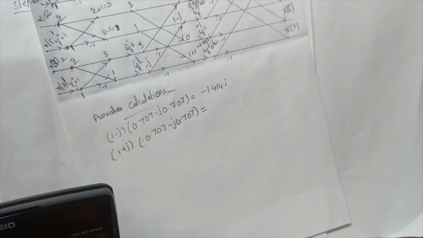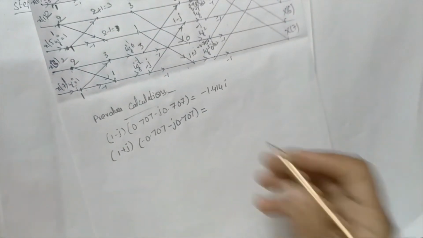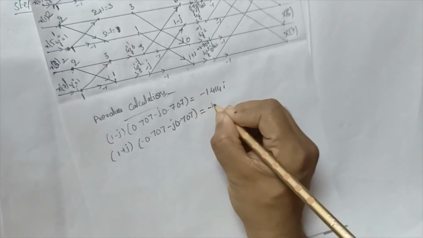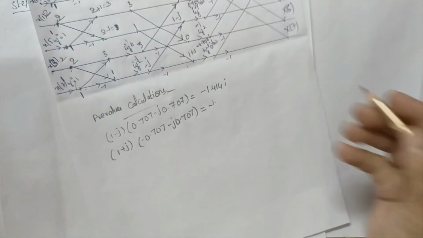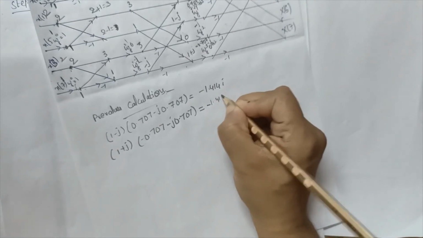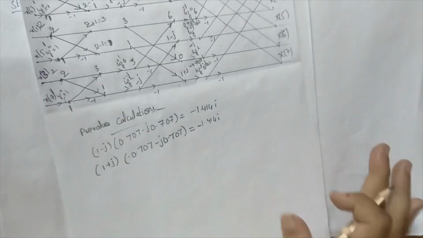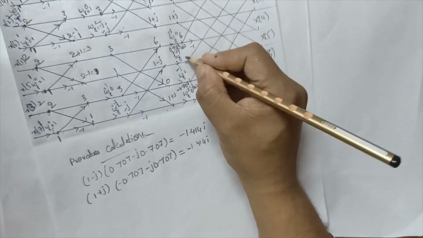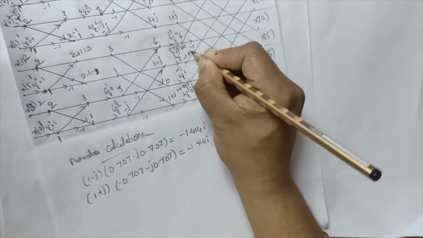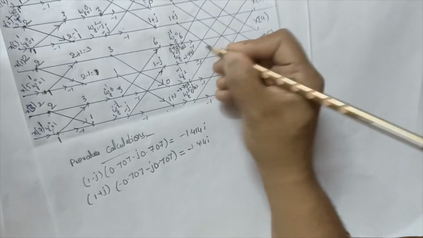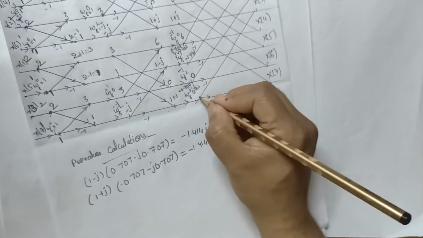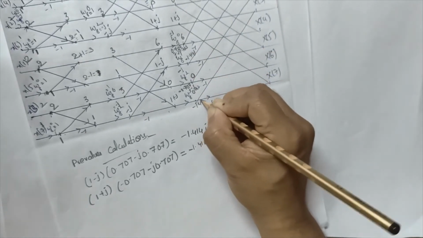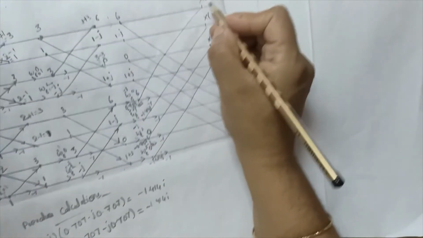Okay, for this the result will be, okay, that is minus 1.414j. Okay, the same result will come. So these are the pre-values. For this is 6 and this is minus 1.414j. Okay, and this is 0 and this is also minus 1.414j.